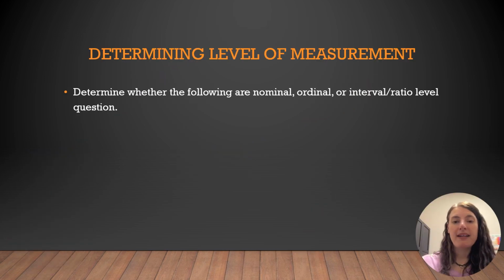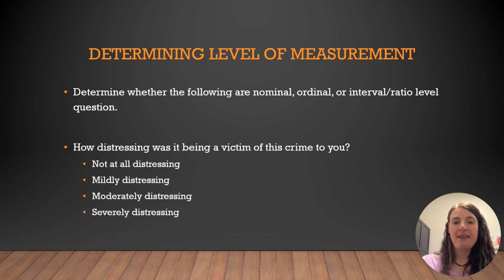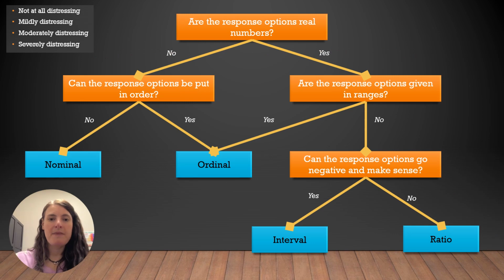So for each of these practice problems, we're going to look at the response options provided and use my flowchart to help identify the level of measurement for that question. This first question, how distressing was it being a victim of this crime to you? It has four options: not at all distressing, mildly distressing, moderately distressing, and severely distressing. These options, are they real numbers?